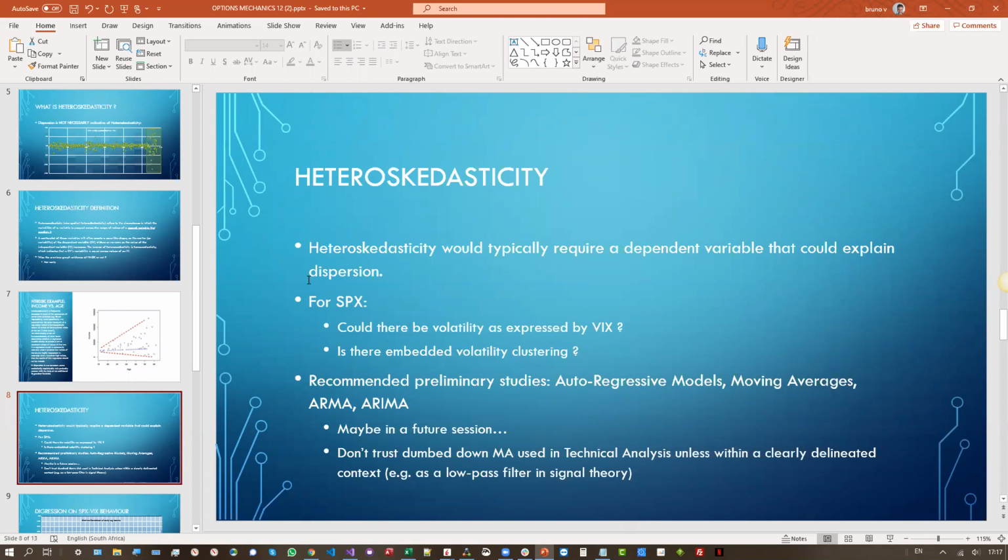So the point from now on is to figure out a model where you use volatility or variance, and the standard deviation or variance is a measure of volatility. And you try and figure out whether there's a time relation or an autoregression, or something that can explain the clustering that we've seen.